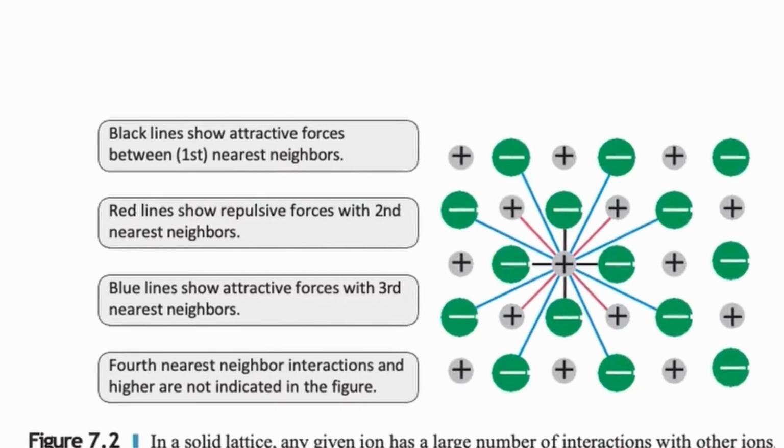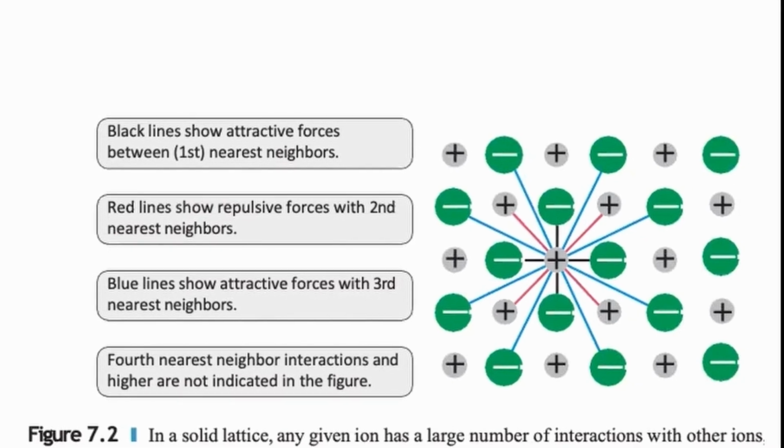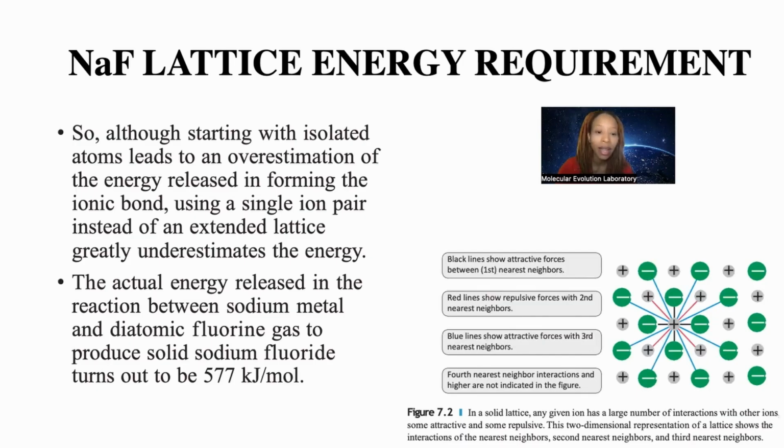So basically, when you use a single pair, it underestimates the total energy of the lattice. The actual energy released in the reaction between sodium metal and diatomic fluorine gas to produce solid sodium fluoride turns out to be 577 kilojoules per mole.